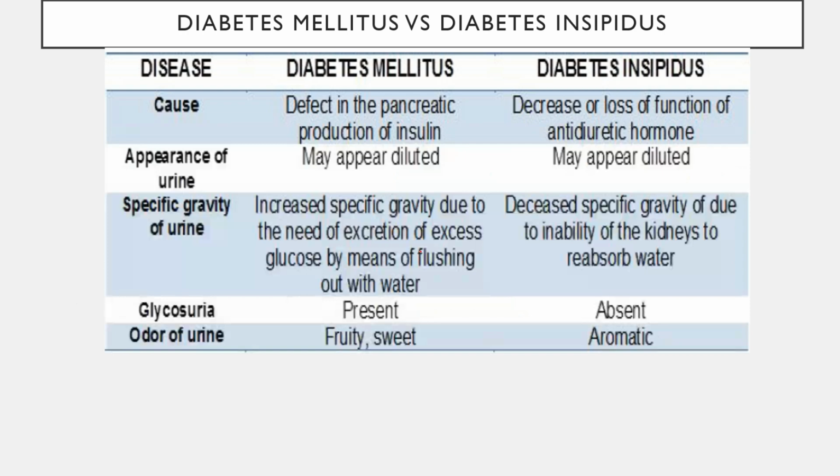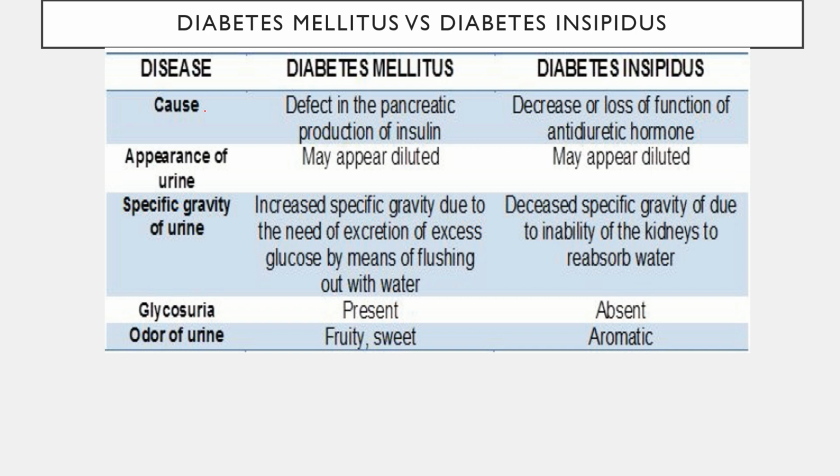Now let's talk about diabetes mellitus versus diabetes insipidus. Baka nagtataka kayo, class, bakit may dalawang klaseng diabetes? Class, there are a lot of variations of diabetes. You will learn that in your CC1, clinical chemistry 1. But let's discuss them, the diabetes mellitus.